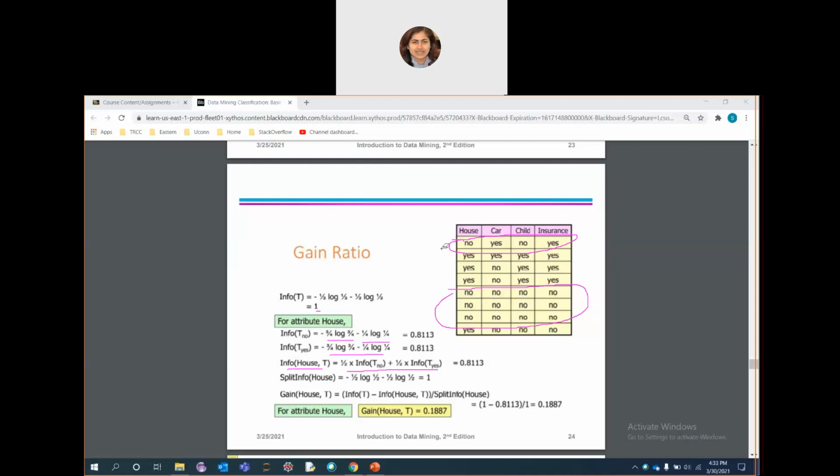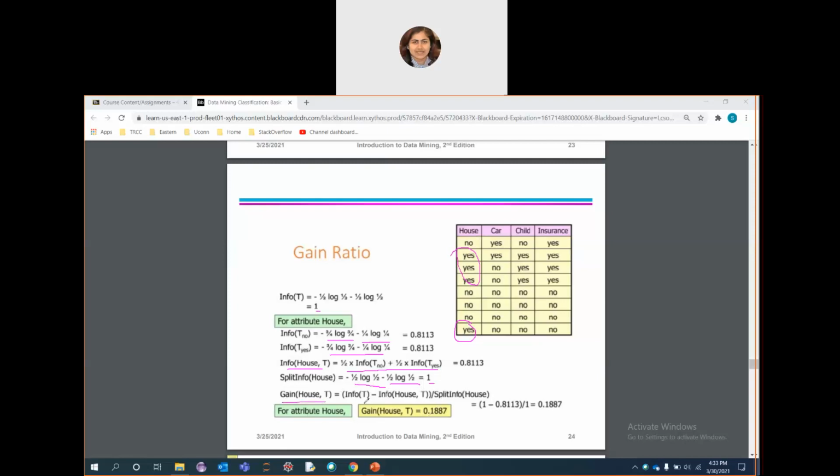We now pay attention to our house attribute only. So the split house will be how many yes are there in the whole attribute house, half, and how many of them are no? 1, 2, 3, 4, same. So this is how the split info house is calculated for a given attribute house.